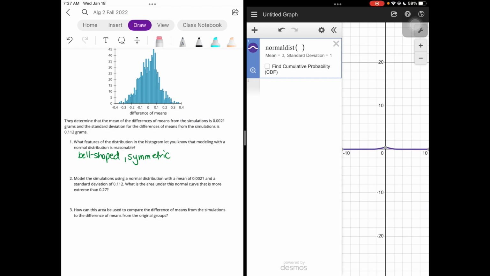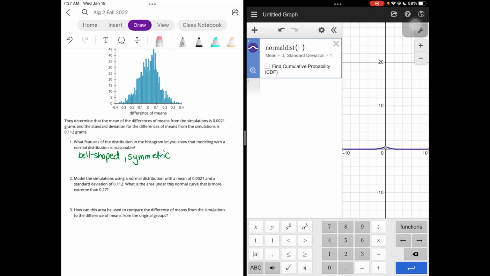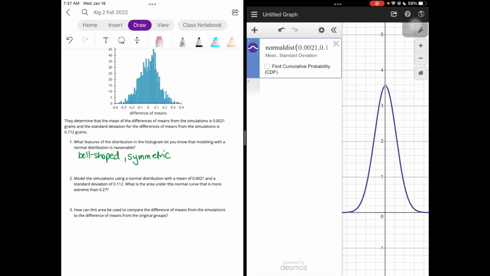All right, so we're going to pull up our Desmos calculator, and we're going to use normal distribution, and our mean is 0.0021, and our standard deviation is 0.112. And we're going to find a cumulative probability, and the area under the normal curve that is more extreme than 0.27.